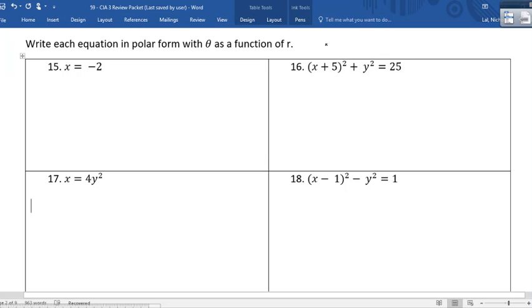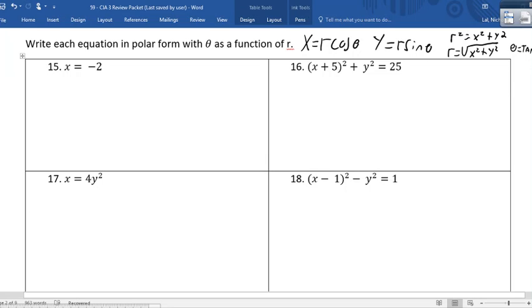What we just have to apply each time is that x is equal to r cosine of theta, y is equal to r sine of theta, r squared is equal to x squared plus y squared, r is equal to the square root of x squared plus y squared, and theta is equal to the inverse tangent of y over x.